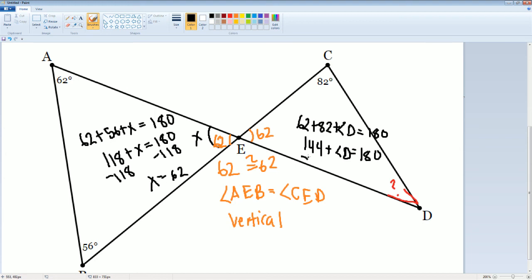Now we can subtract 144 from both sides. So angle D is going to be equal to 180 minus 144, which gets you 36. Okay, so this angle here is 36.